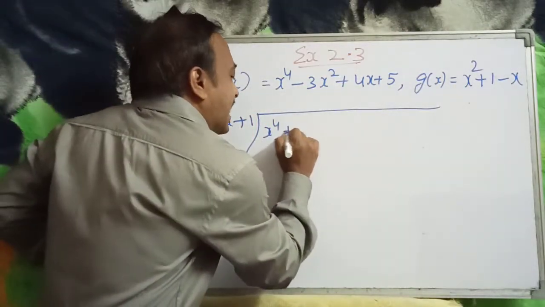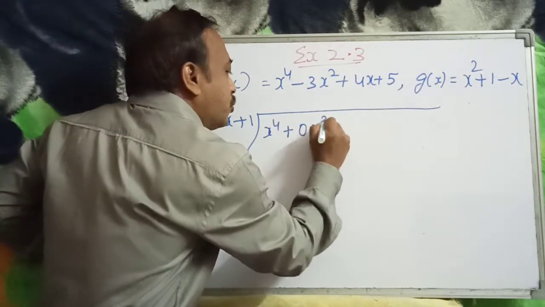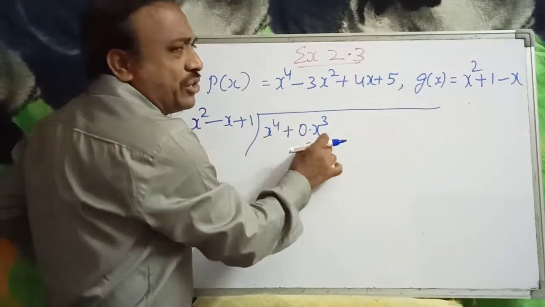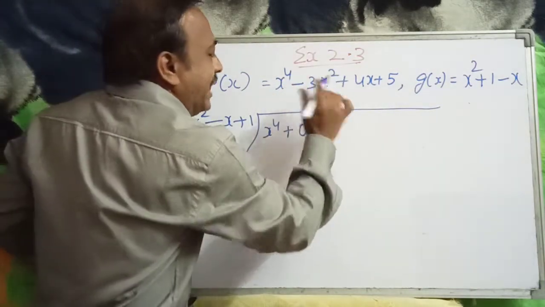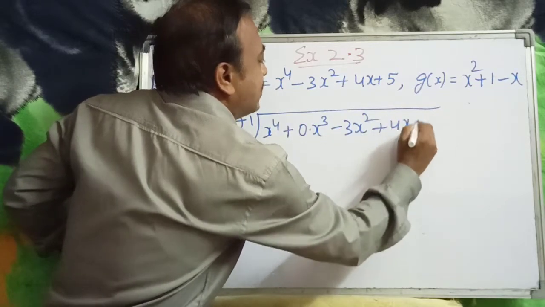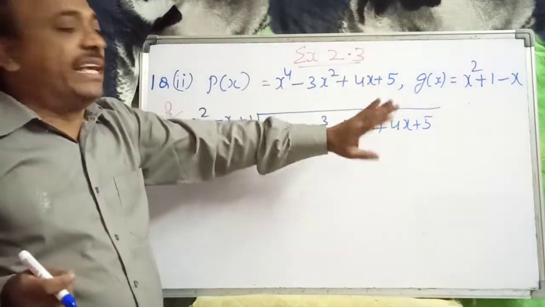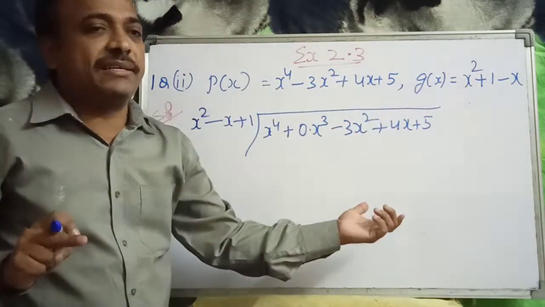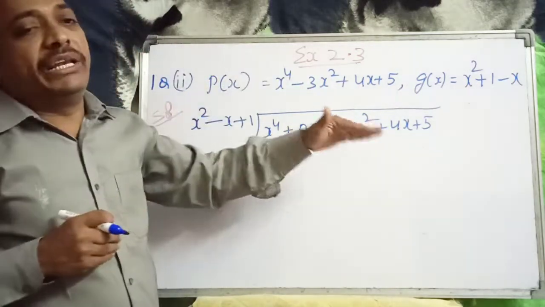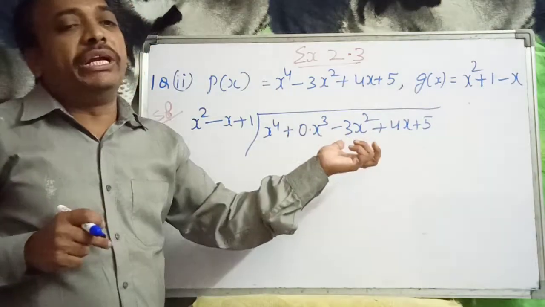So you write plus 0 into x cube, then minus 3x square plus 4x plus 5. Suppose even 4x is missing, then you have to write 0 into x. See the highest power first, then continue and see which powers are missing. For that you can write 0 into that term.